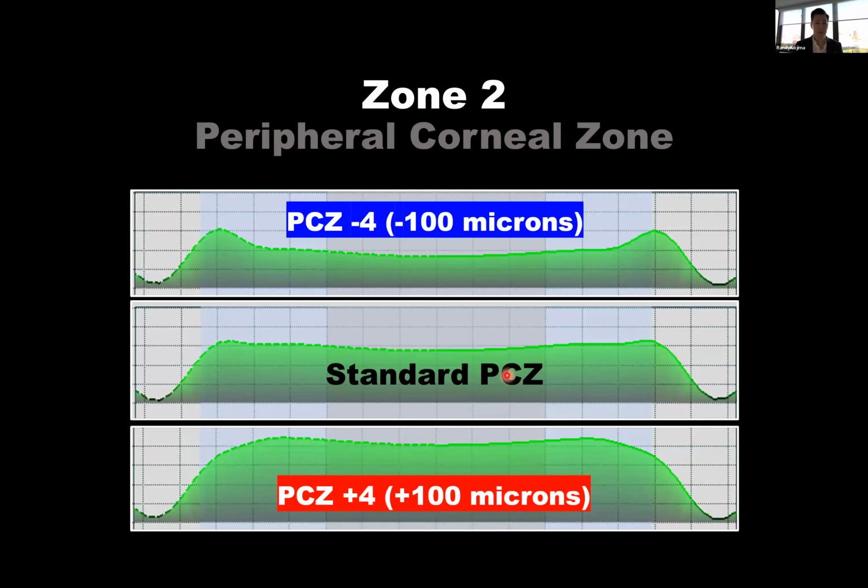And by changing the peripheral corneal zone angle, zone 2, you can make the center optic zone drop down. If you make the peripheral corneal zone angle higher, then you increase the vault, creating more clearance over the center. So we often use this zone if we need around 150 microns more or less apical clearance.